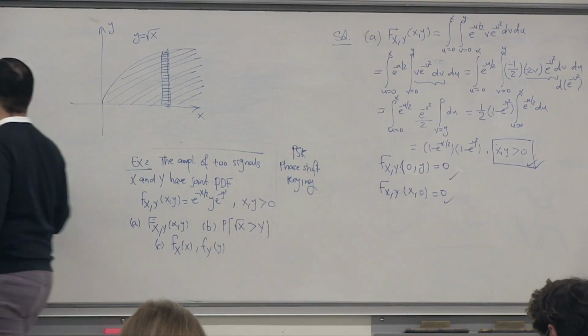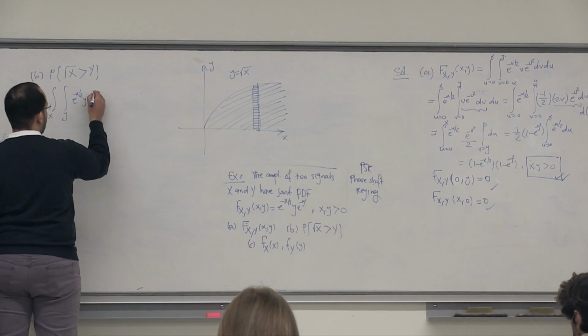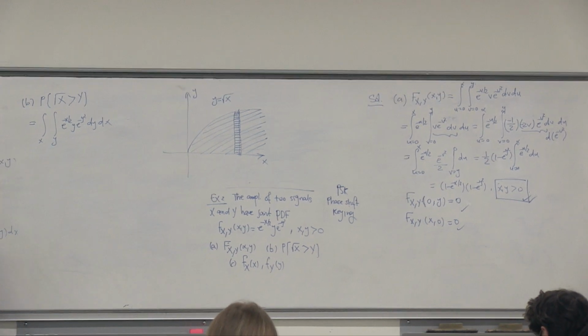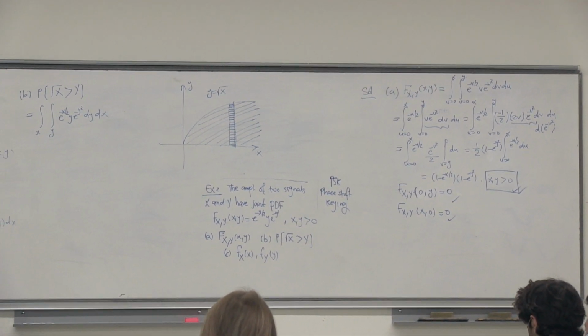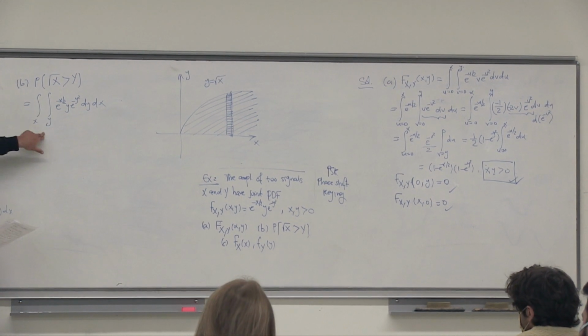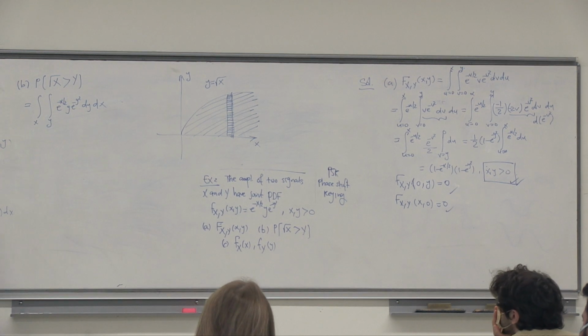The original PDF, which is e to the minus x over 2y, e to the minus y squared dy dx. Can someone help me with the integration limits? X from what to what? Y from what to what? According to this stripe.